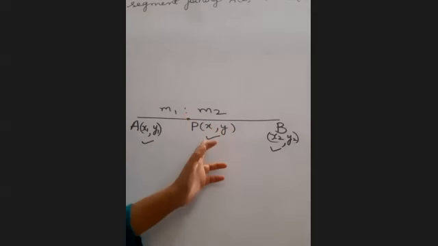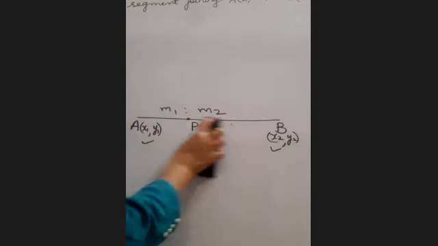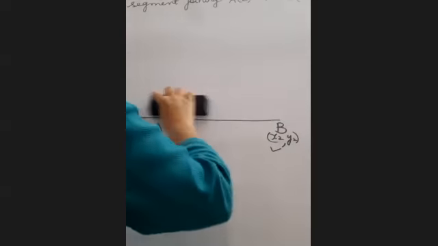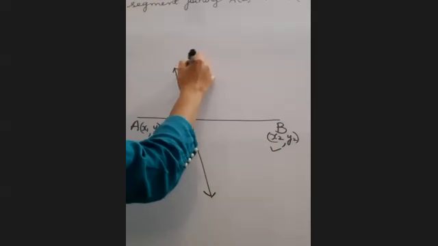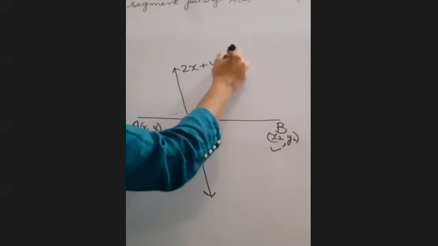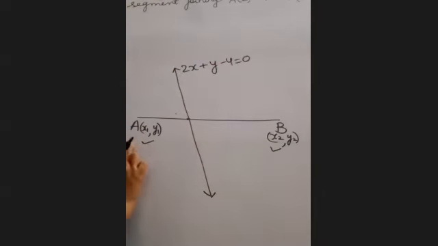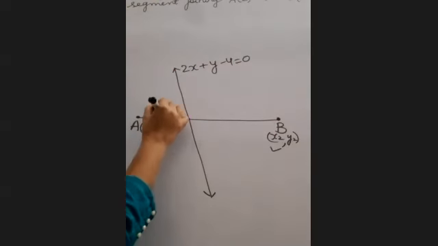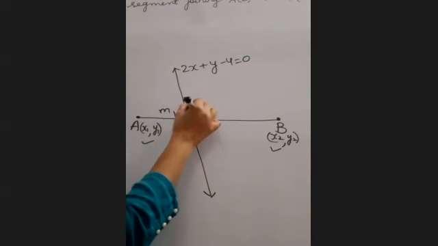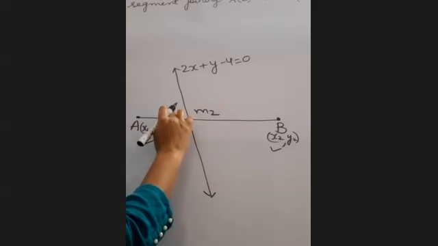In the question, we are not given that the point is dividing AB. Rather, we are given there is a line, a line which is dividing AB in some ratio. This is the line 2x plus y minus 4. Suppose this is the line 2x plus y minus 4, which is dividing this line segment AB in some ratio, let's say m1 is to m2.